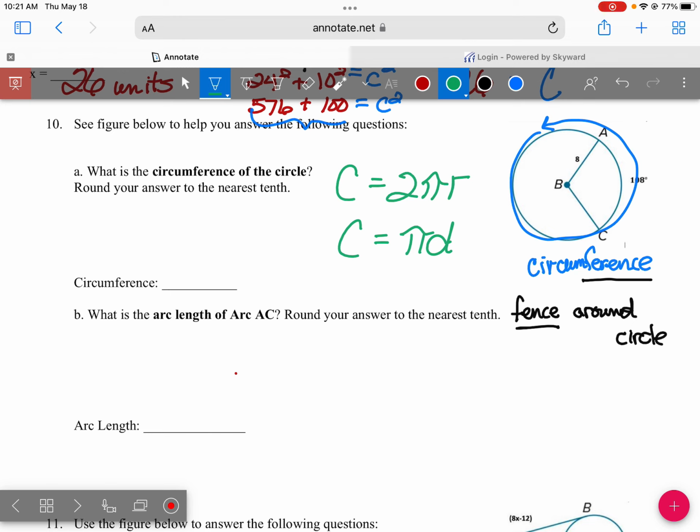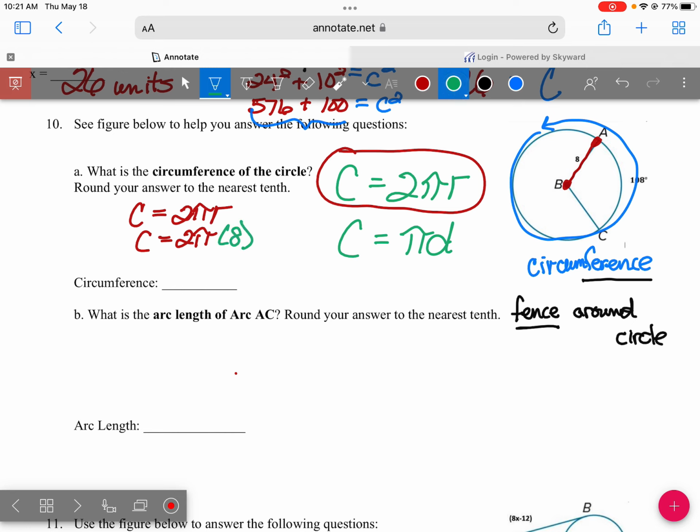And why? Because they give me the radius, so use the one with the radius, right? So circumference is equal to 2 pi r, which is 2 times pi times my radius. In the picture the radius is how much? 8.